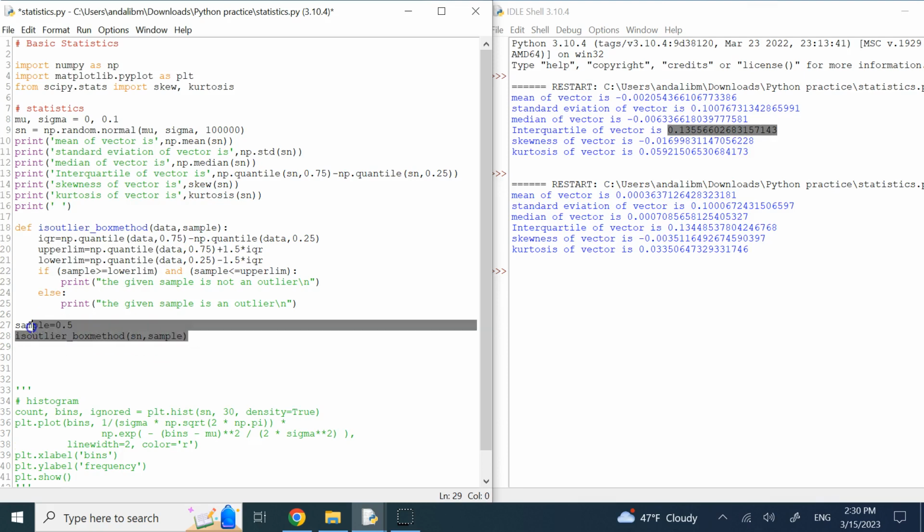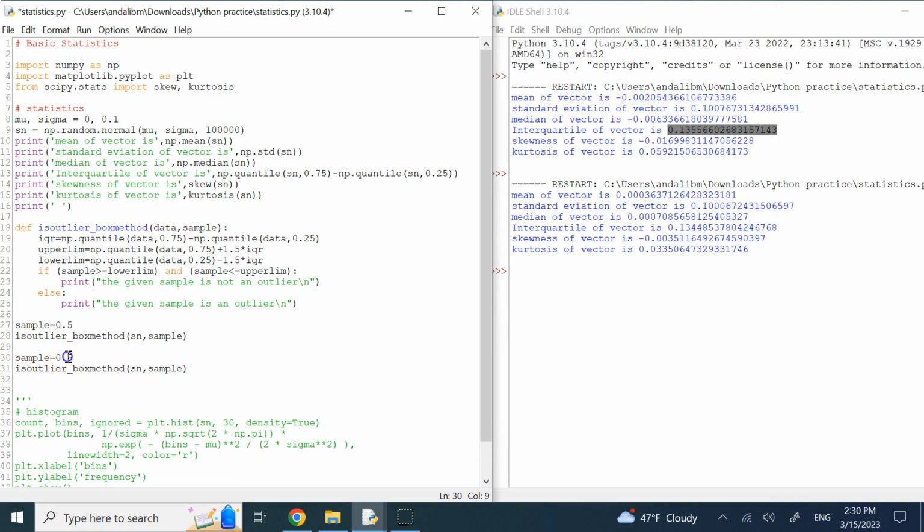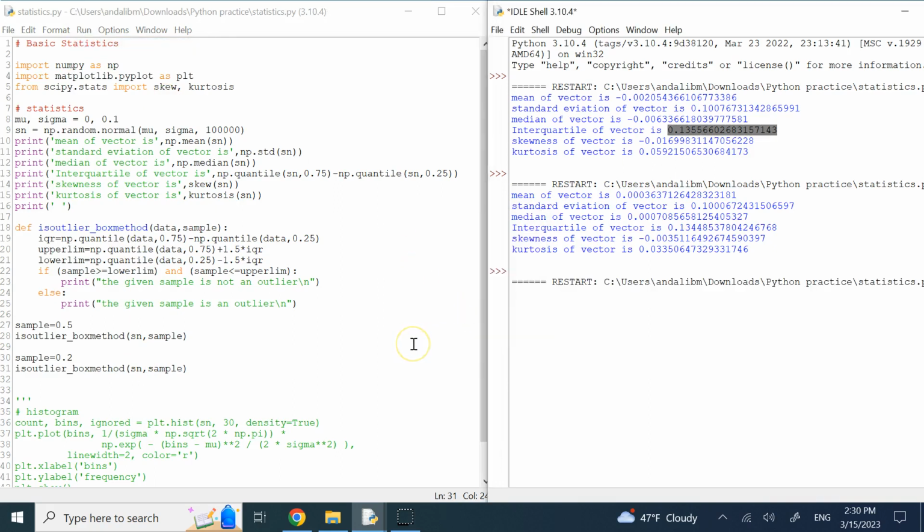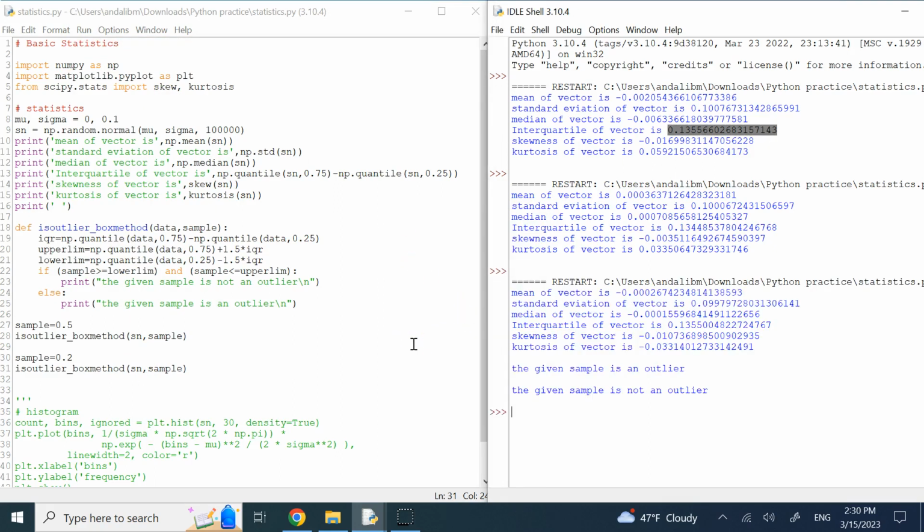And the next time we're going to generate some data which is inside, so let's say 0.25 this time, or 0.2, and call it again and see what happens, right? And let's go ahead and run this. Hopefully no error. There we go.